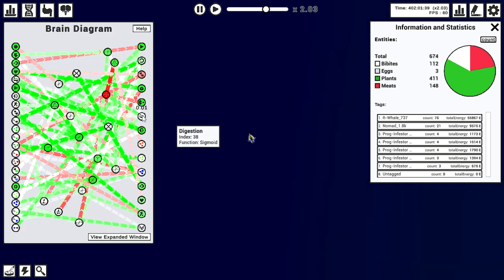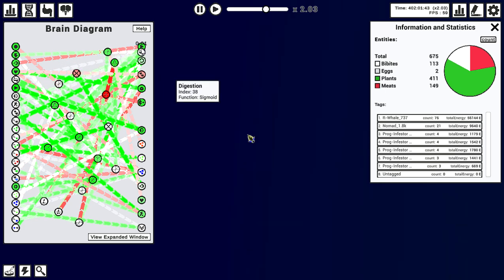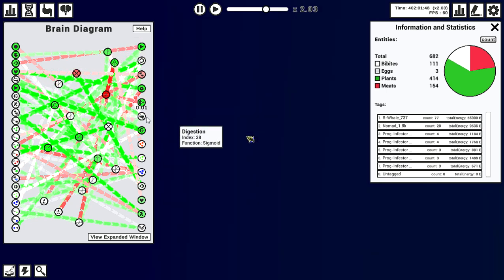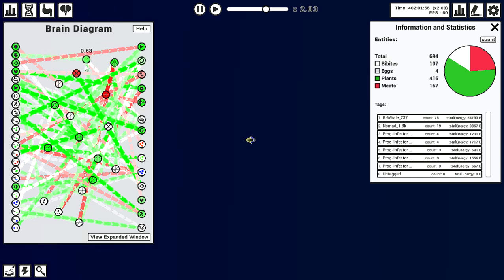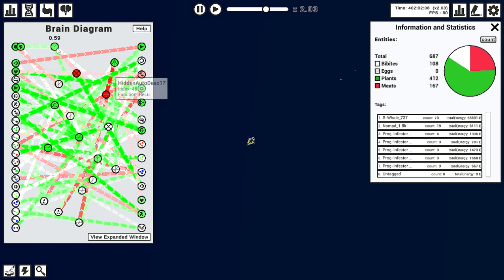I raised the question about digestion. Digestion has 4 active inputs. We have energy. Higher energy means higher ReLU, which goes into this at a very low rate, negative 0.13.